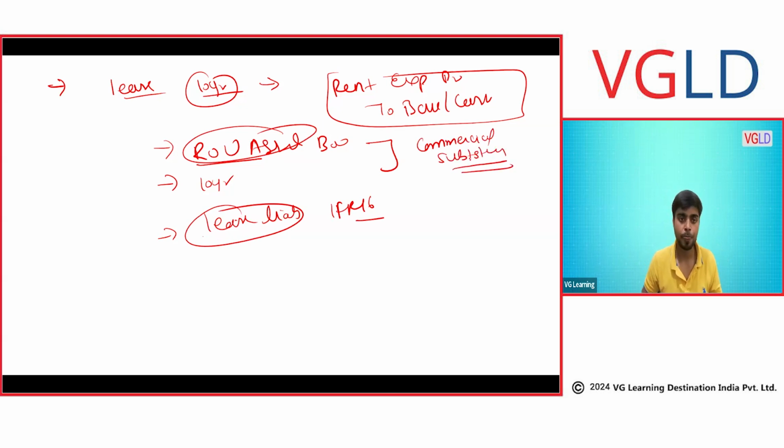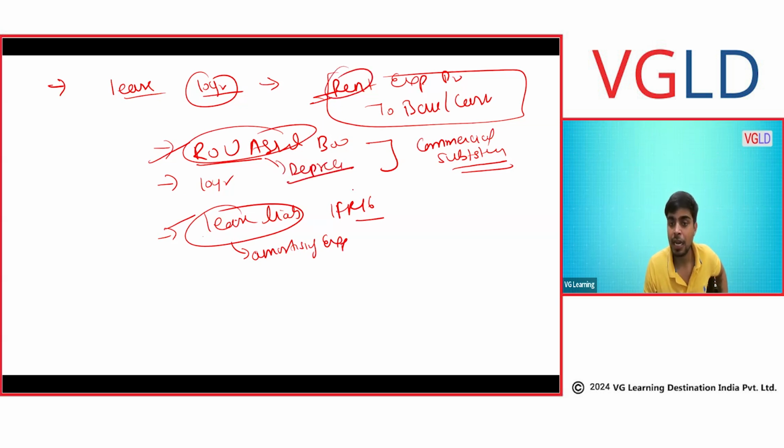Basically, not showing this as an expense, but rather showing it as an asset and a lease liability, and then amortizing the lease liability. Instead of this rent expense, there is a depreciation expense and a finance expense. Now, those who didn't get this example, don't worry. Let me give you another example.